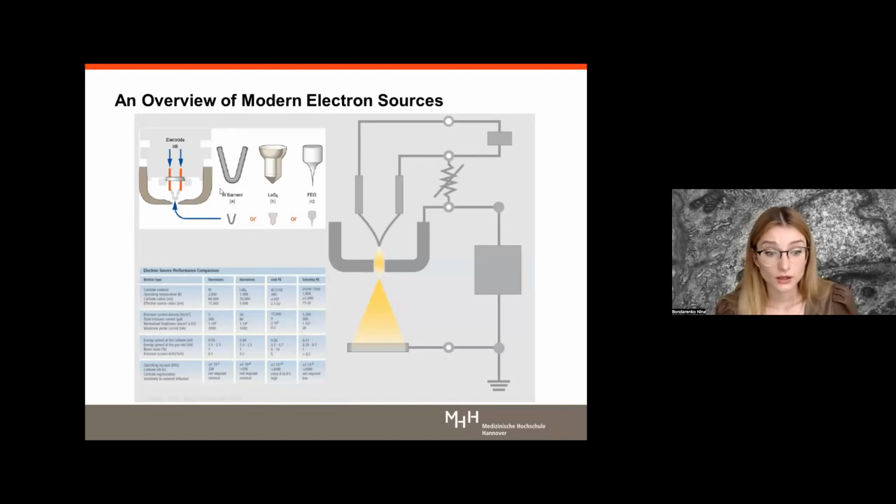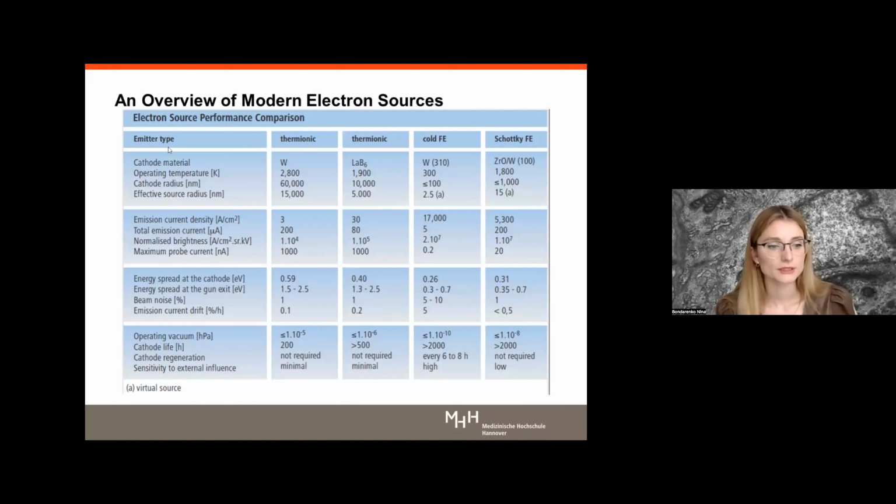So as I told, there are different variants of cathode materials, types. Usually in my lab I work with a tungsten cathode because it's cheap, easy for replacement, and also the operating vacuum is near this range, which is easier to achieve.